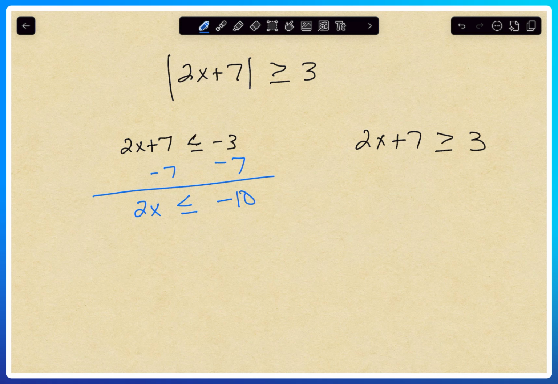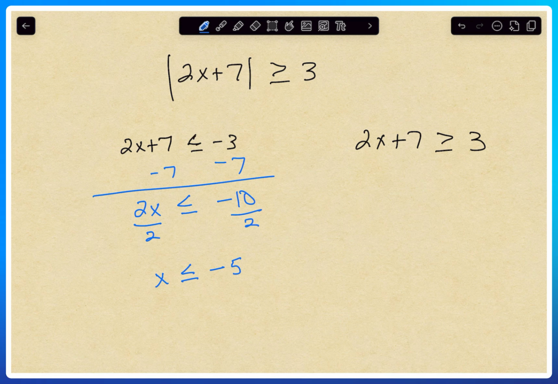Your 7 went away, and then you added 2 negatives, you got 10. Oh, wait a minute. We're not finished yet. Come over here. We're going to divide by 2. And so this becomes x is less than or equal to negative 5.